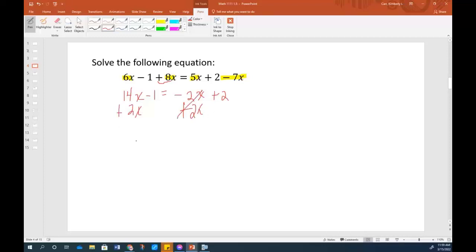So here that'll go away, and then I have 16x minus 1 equals 2. Now I'm back to that 2-step like I was on the previous screen. So I have 16x equals 3 and x equals 3/16.